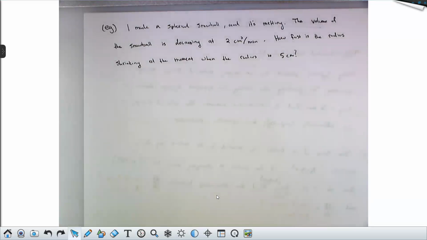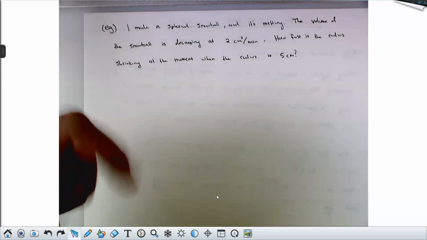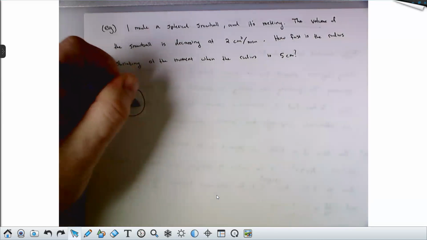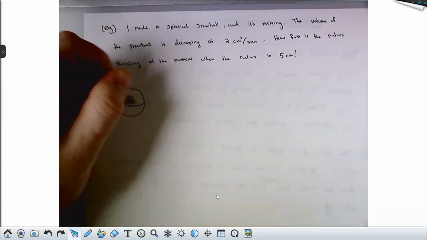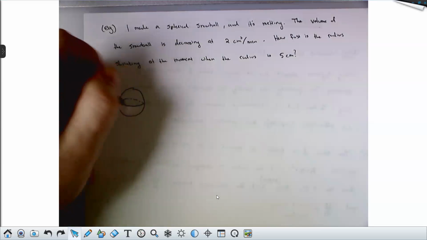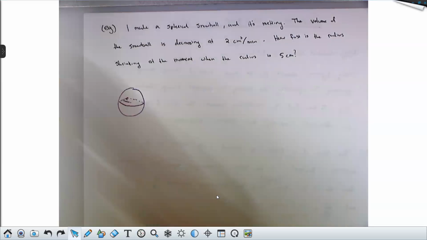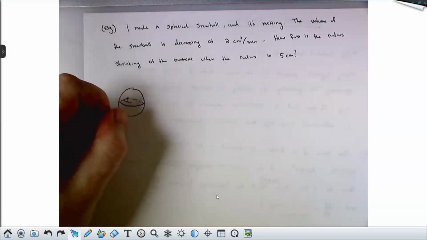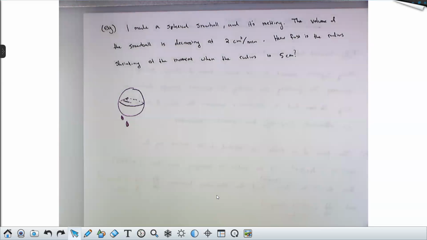We're going to begin with the relationship between the volume of a sphere and the radius of the sphere. It's always nice to draw a picture. So here's a sphere of radius r, and you know, water is dripping off this thing. So it's shrinking.